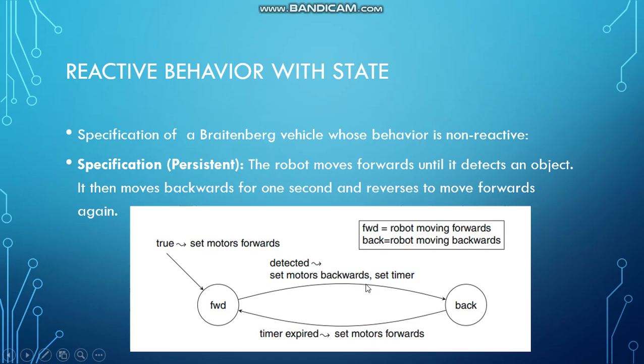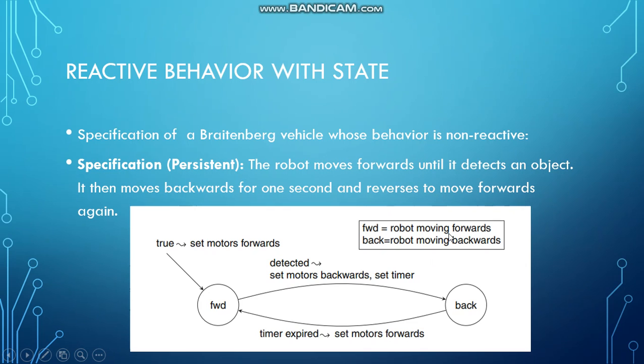We set the motor backwards and set the timer, since the specification says it only moves backward for 1 second. If there is no timer and we set the motor backwards, the motor will run backwards forever. So we need to set a timer for the motor to stop moving backward.